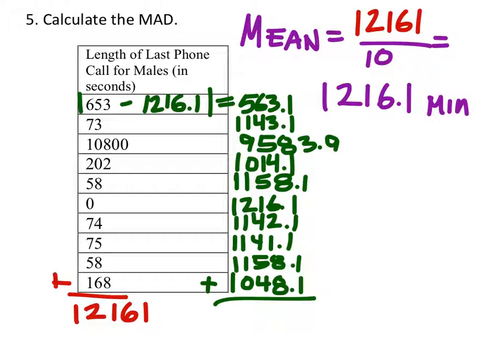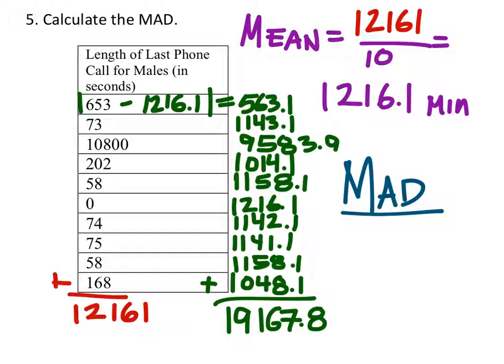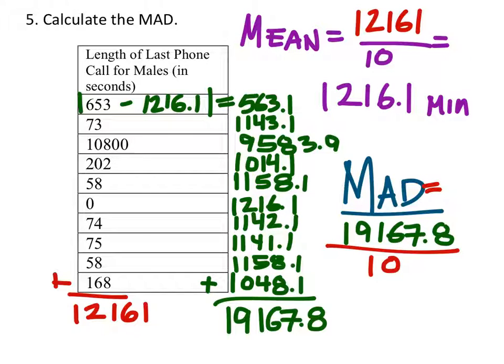So we're going to add them together to find the sum. All right, now that's the sum of all those green numbers in terms of distances. So now to find the MAD, the mean absolute deviation of these, we're going to take that 19,167.8 and we will divide it by all 10 of those numbers, which gives us a MAD, very good, 1916.78, I ran out of space.